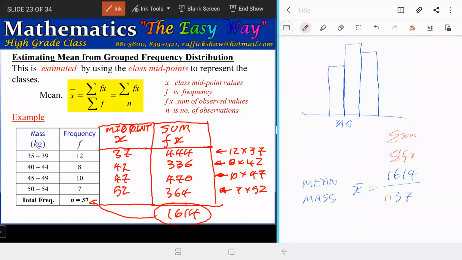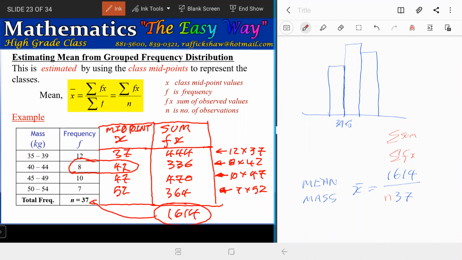For example, it is not true that the 8 balls in the second group all measure 42, but we assume that they did to estimate the mean. That is why the mean is not a true mean: we're not using correct information, we're using estimated or assumed information.